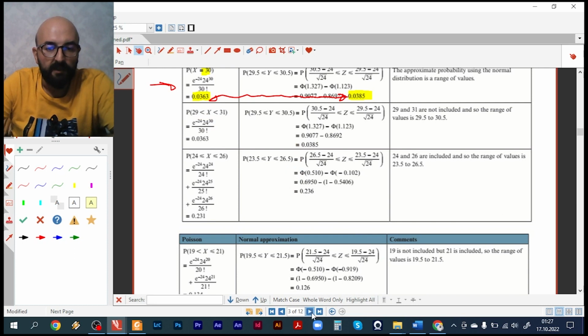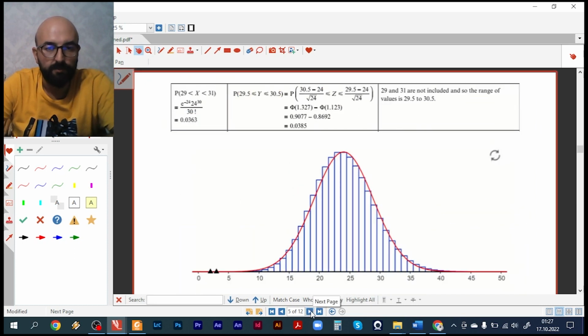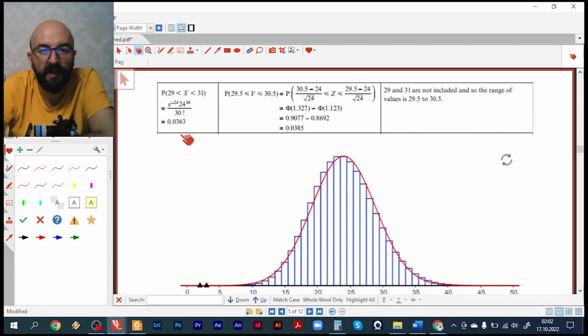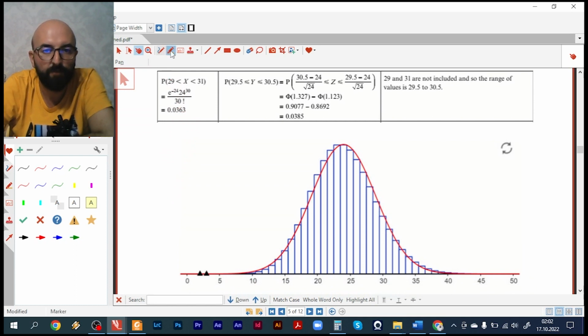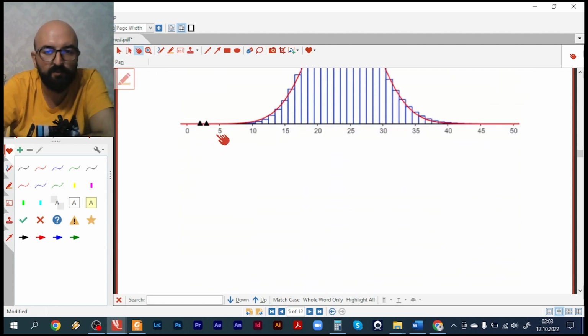Now I want to go to the next page, and we want to compute the probability of greater than 29 and less than 31.